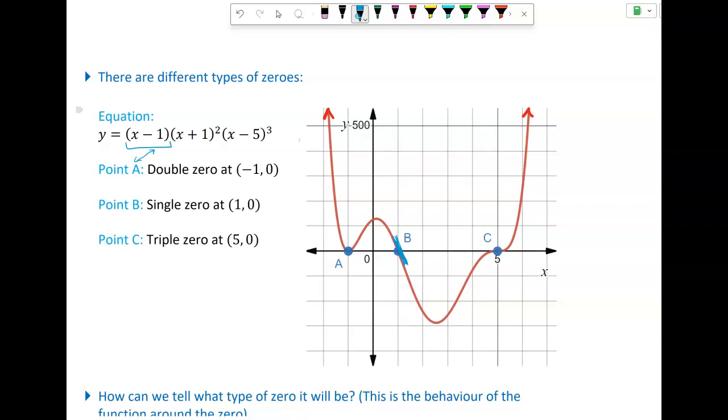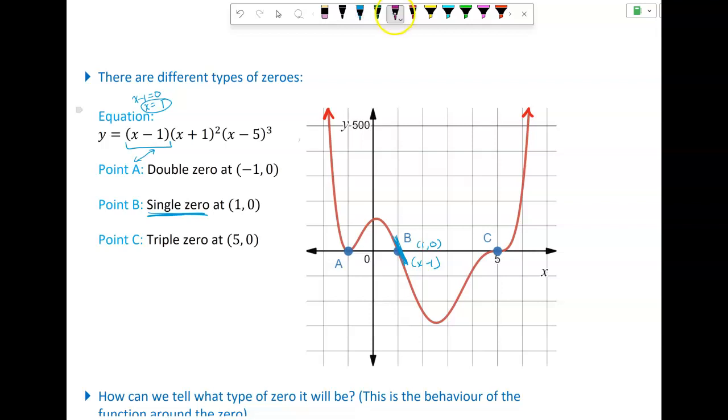Well, this creates a zero of x minus 1 equals 0. Solving for it gives x equals 1. So there's the point (1, 0), which is my single zero, as we call it, where it just crosses through the x-axis and comes right back out, almost like a line. So this is caused by the x minus 1.